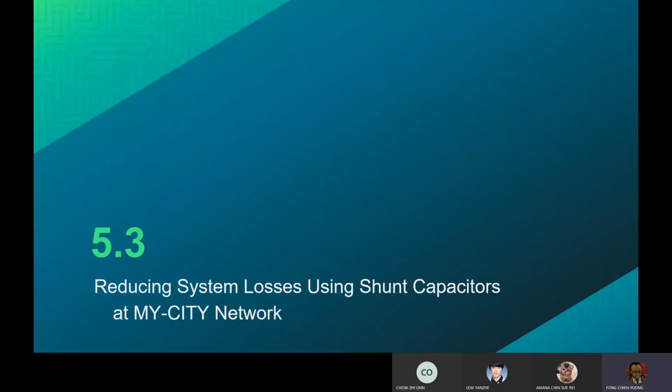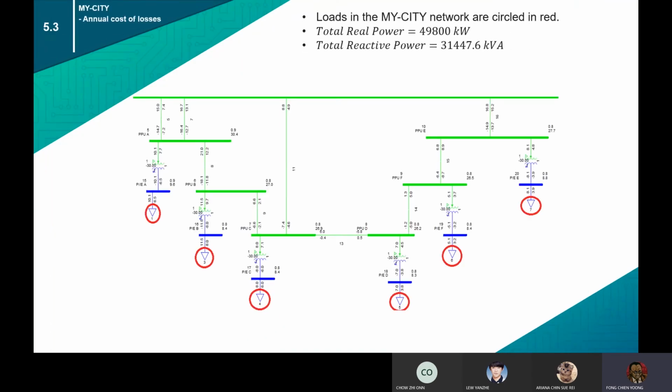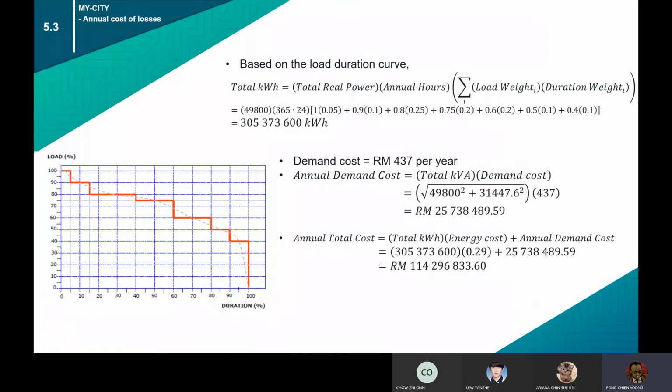In 5.3, we try to reduce system losses using shunt capacitors at the MyCity network. The loads are circled in red, and in PSSE, we try to find the total real and reactive power. Based on the load duration curve given, we find that the total kWh is as follows, and we also calculate the annual demand cost and the annual total cost.